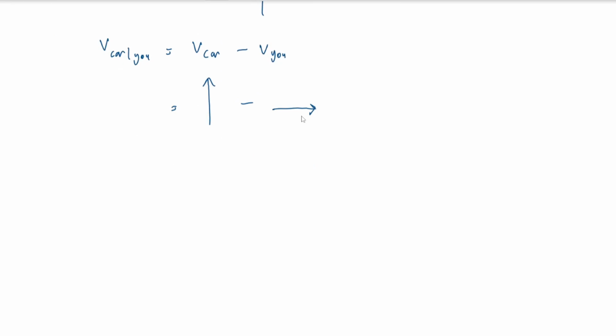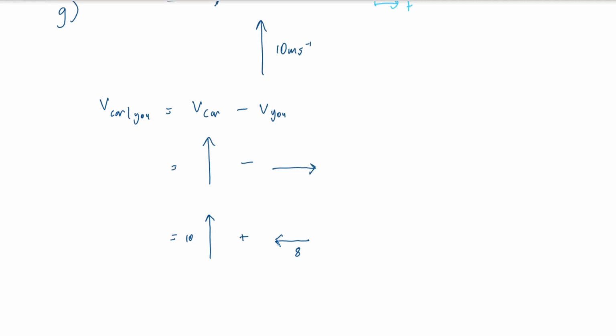That is equivalently 10 meters per second up plus 8 meters per second to the left. So we turned that subtraction into an addition by flipping the direction of your velocity vector.